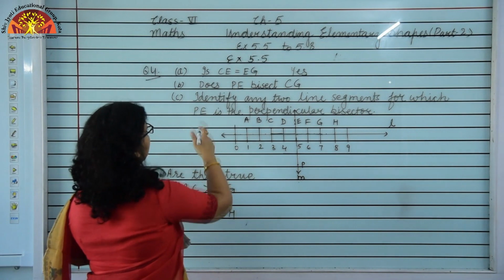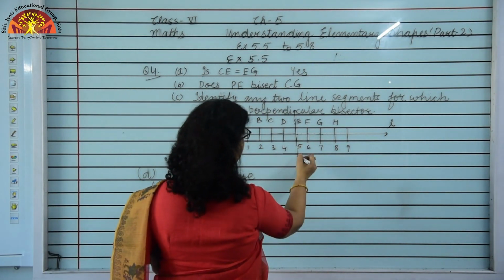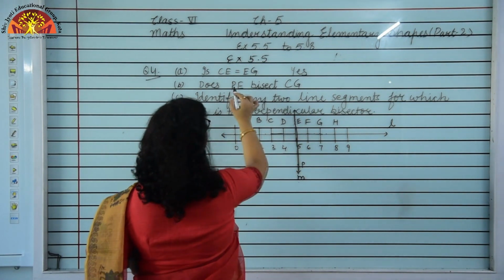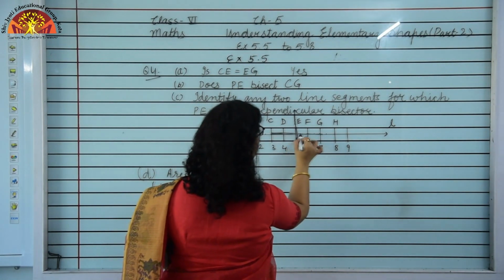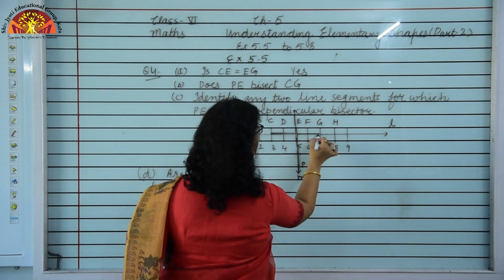Now in the second question, does PE bisect CG? PE, this is the line PE, bisects CG, C to G. Look here, we have two units here and we have two units here.